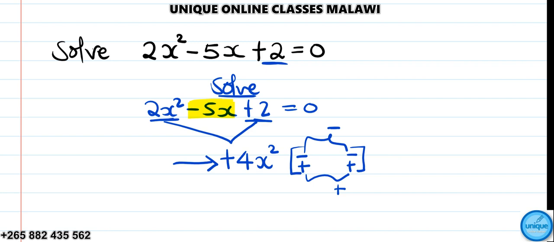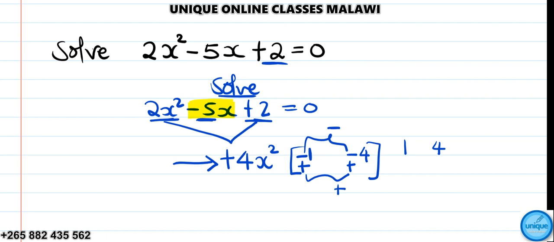And then we need to look at the factors of 4 which can give us 5. So it's 1 and 4. So here you have negative 1 and negative 4. Negative 1 times negative 4, the answer will be positive 4. And if we add them, the answer is negative 5.